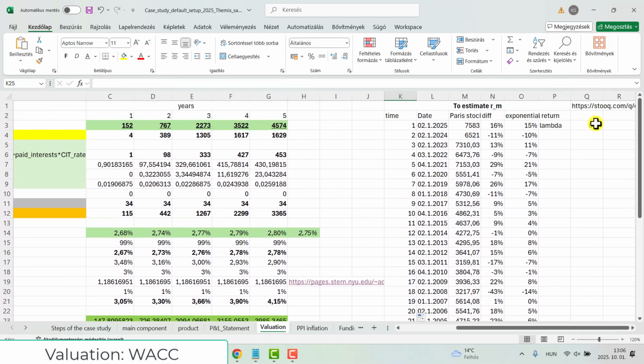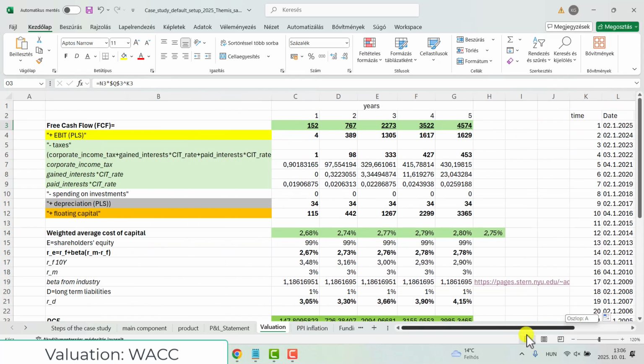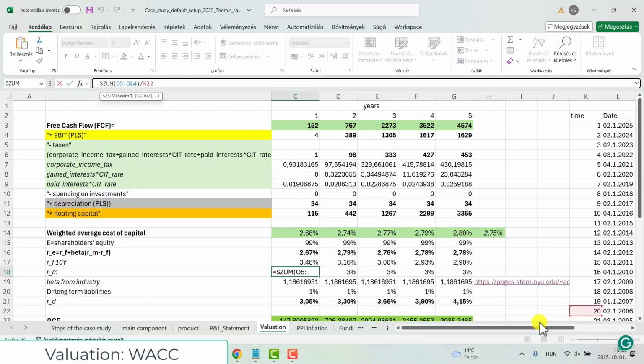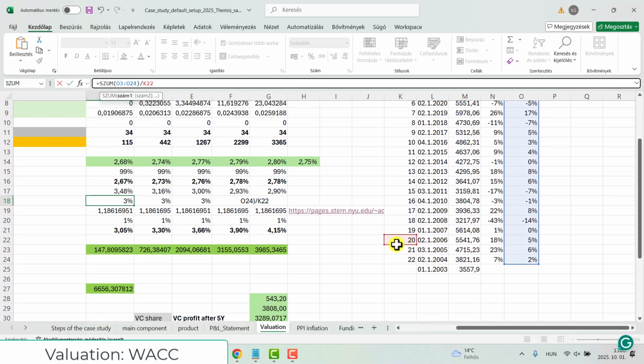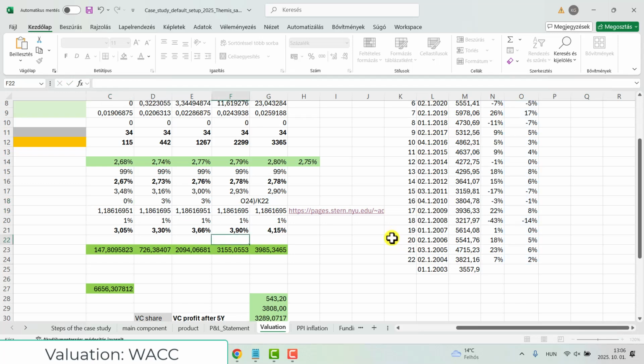Lambda is the same, so it doesn't matter. This is just math. And then we have to say that RM should be updated. Now we have an additional 2 years and also the year component.